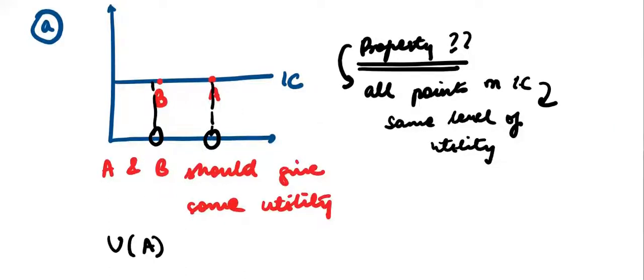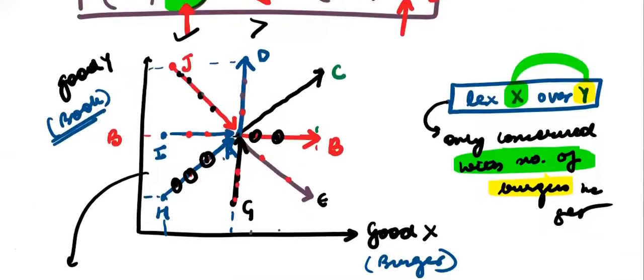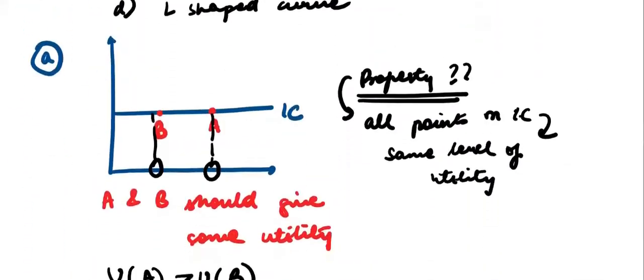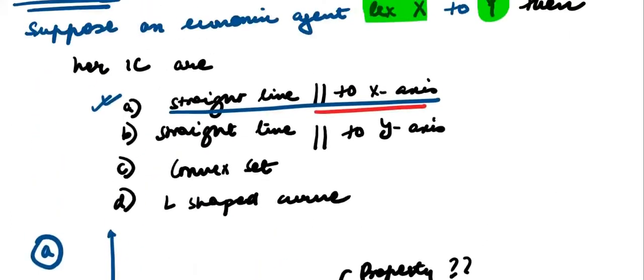Clearly, utility from A is greater than utility from B. Based on this diagram, if this is a point here and this is a point here, and this has more of good X, then this will be preferred. So A has more utility than B, and hence they cannot be on the same indifference curve.